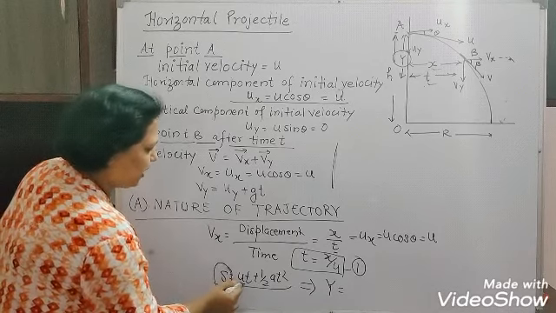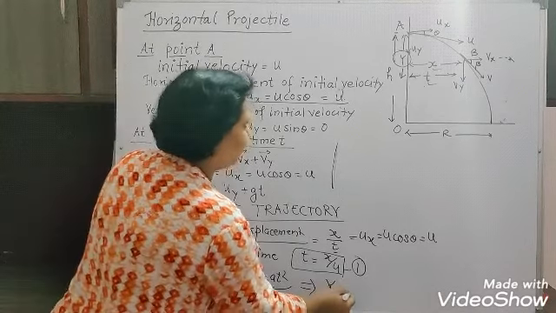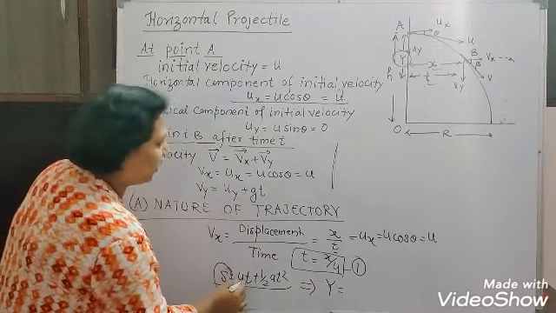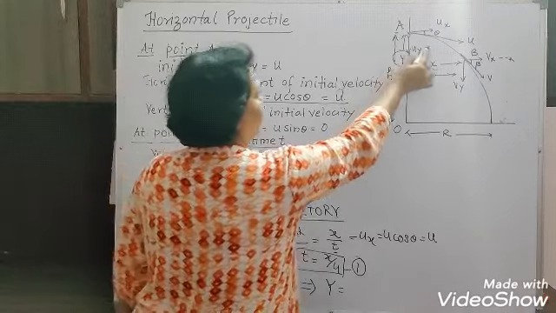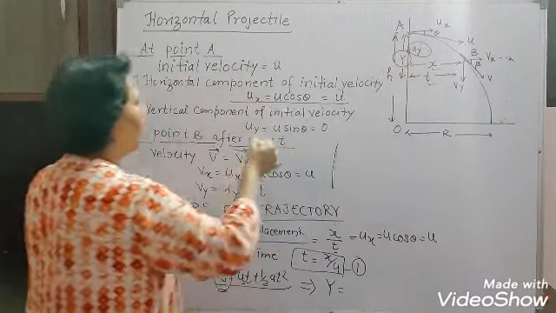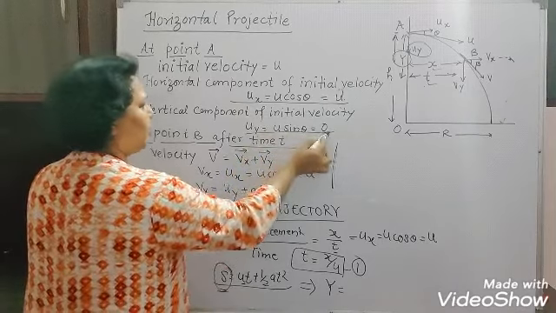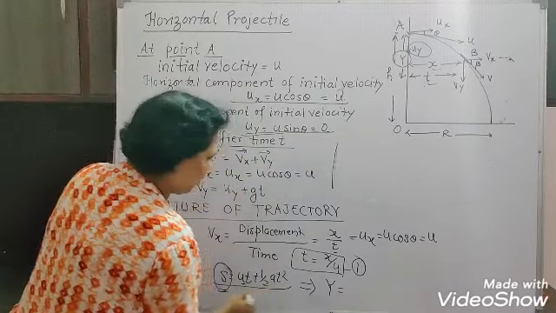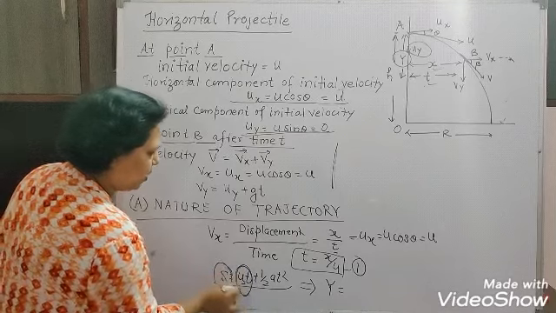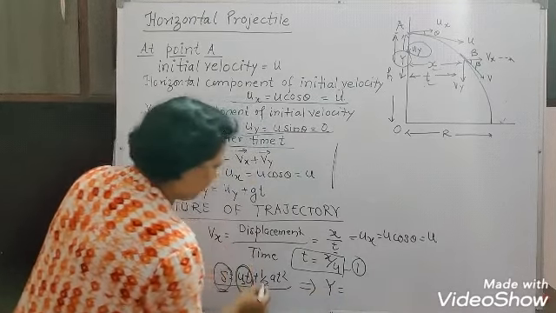Now you can see that Uy, the initial velocity of this vertical component Uy, is equal to 0. Okay, so this term will become 0, so what will remain?